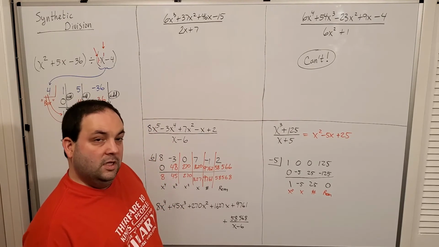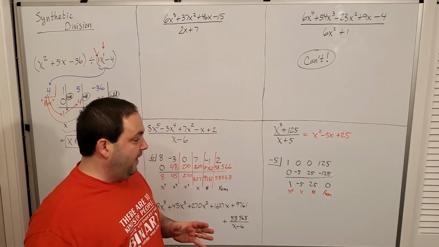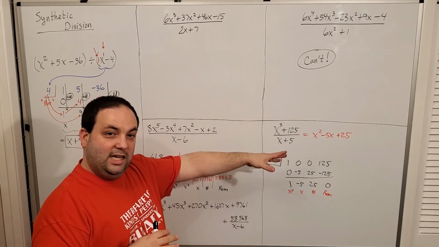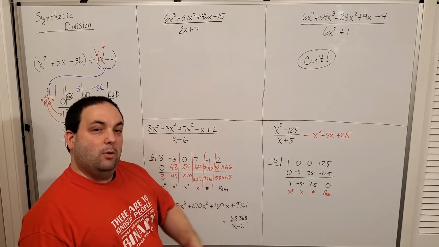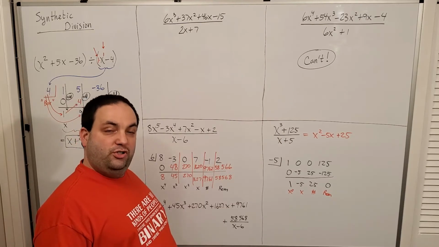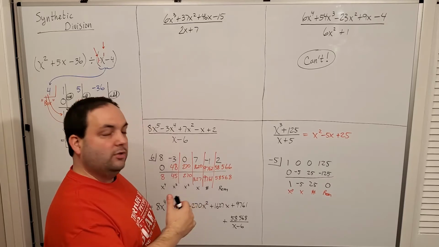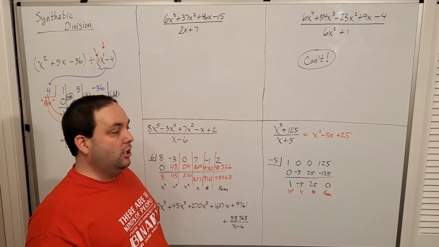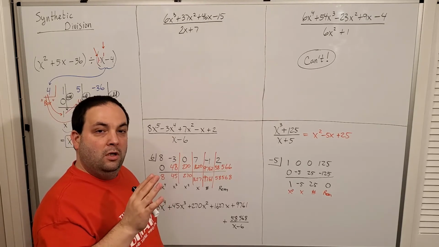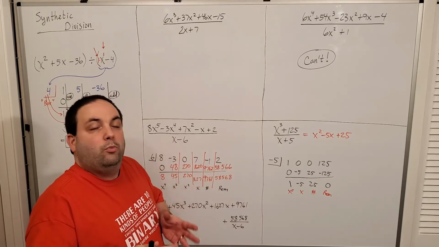Okay? So this is meant to be that quick, right? If I went too fast, pause, go back, rewind, see it again. Feel free, okay? But that's about the speed that you're going to want to get used to. Practice, get used to doing these things that fast, because later on, when we're actually analyzing polynomials, you may have to do 4, 5, 6, 7 of these divisions in one problem.